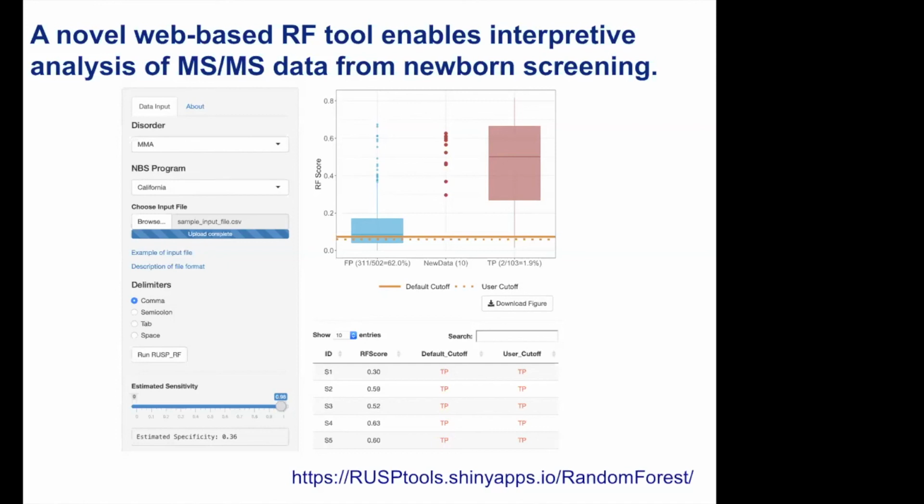Users can select a specific cutoff value or use the default cutoff, which we calculated for each disorder based on the median sensitivity of 1,000 repeats in a tenfold cross-validation. For example, moving the slider to the left would reduce overall screening sensitivity, more false negatives, and reduce also the number of false positives in the test. The web address for this new tool is shown below.